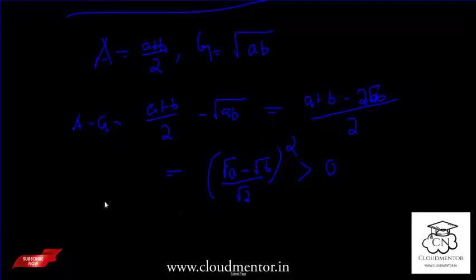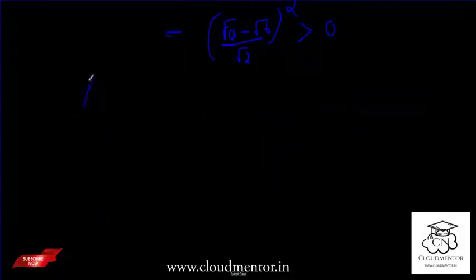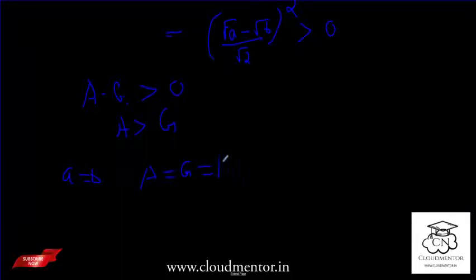So that means A minus G is greater than 0, that means A is greater than G, that is arithmetic mean is greater than the geometric mean. And if a equal to b, then A is equal to G is equal to H. And if a is not equal to b, then A is greater than G, greater than the harmonic mean.